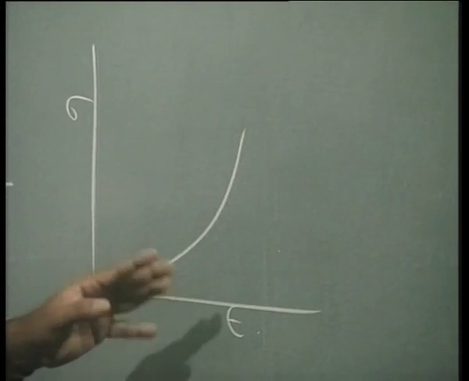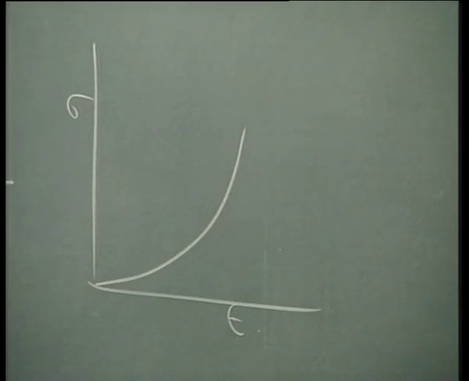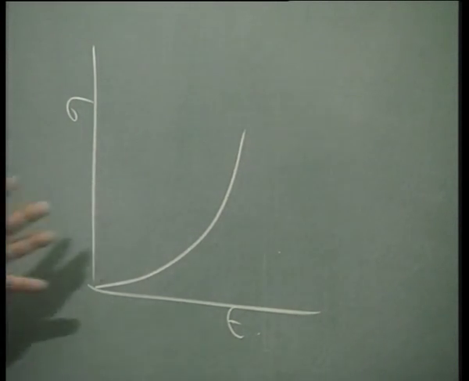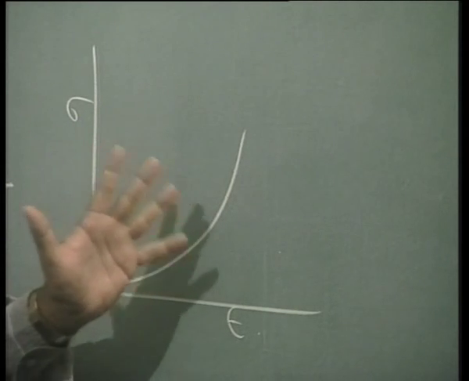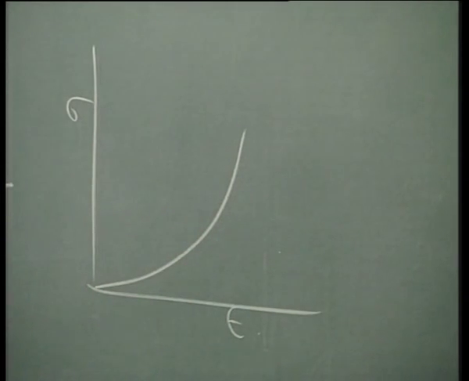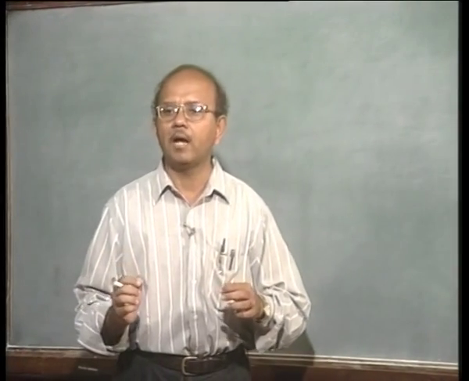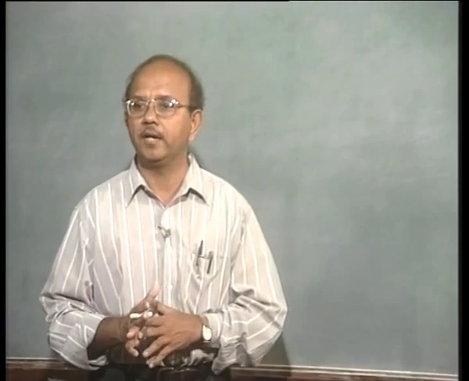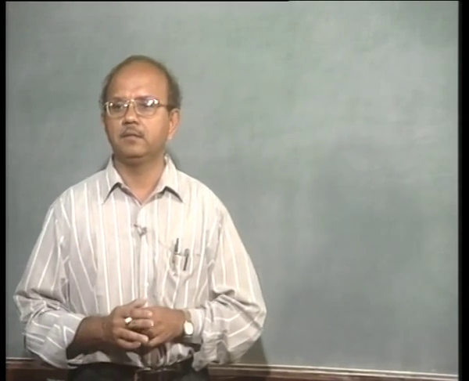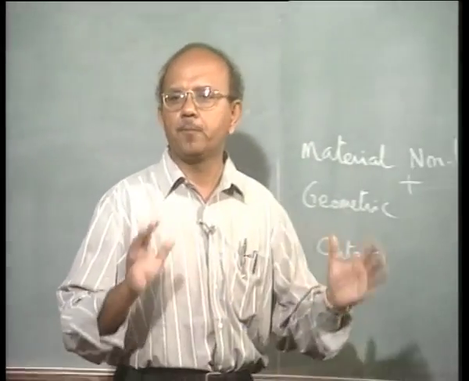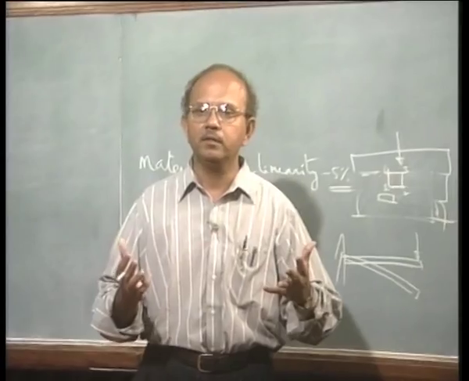Of course, many problems in rubber would involve both geometric as well as material nonlinearity, because many times you do not just strain rubber to 5%, it is much more than 5%, and hence we will have both material as well as geometric nonlinearity. Is this clear? Even if you do not have both material and geometric nonlinearity, and if you have contact, then also the problem will be considered to be a nonlinear problem, and its approach is going to be very different.